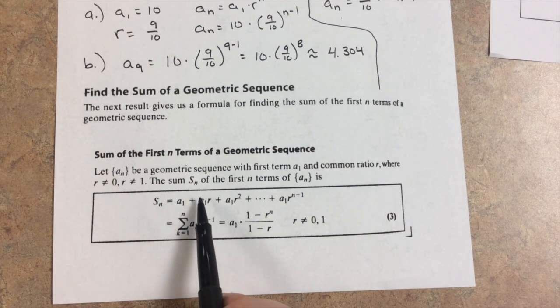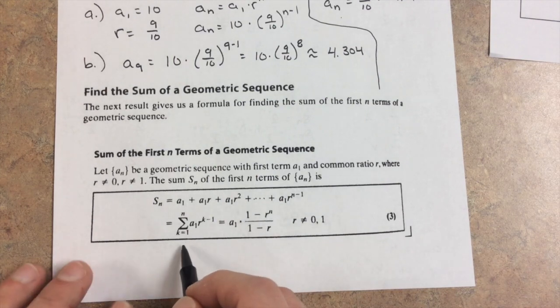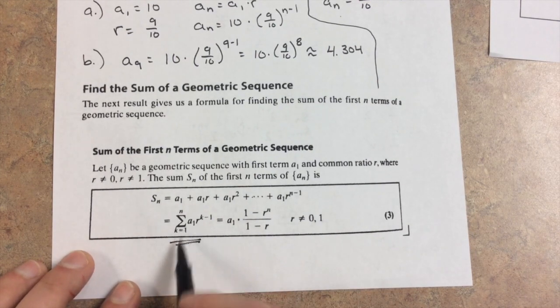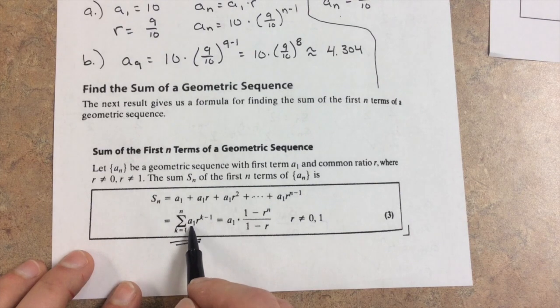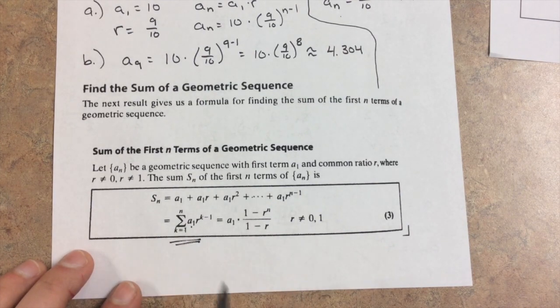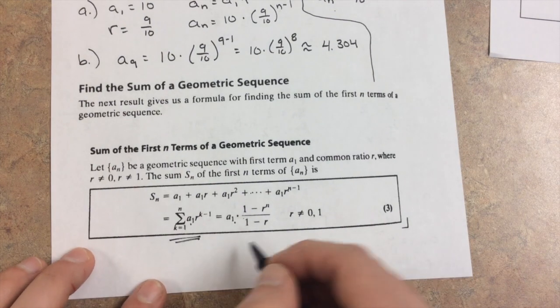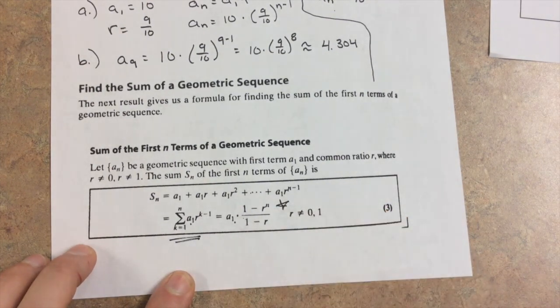If we add up all of our pieces of the geometric sequence, we write it in summation notation, which is a sub 1 times r to the k minus 1. And if we work this out, it's a sub 1 times 1 minus r to the n over 1 minus r. This is the next important formula that we're going to be utilizing.